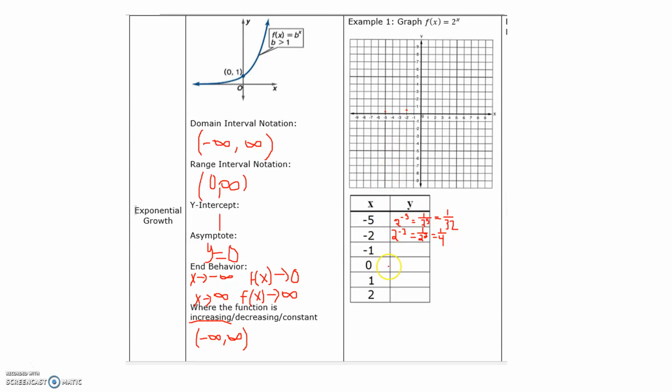I'm going to put it right there. And then I have 2 to the negative 1 power, which is 1 over 2, or 1/2.